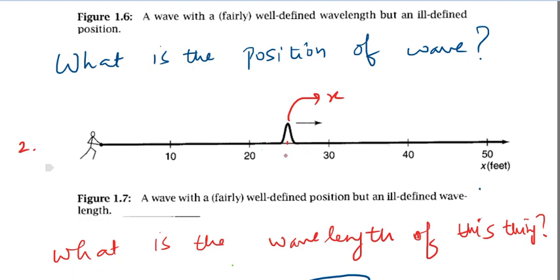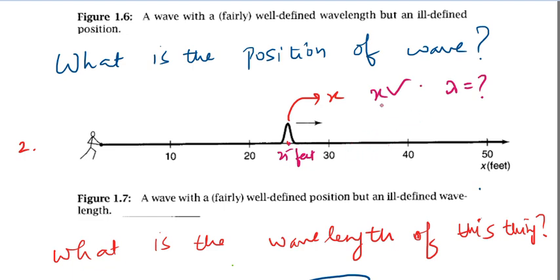If I look on this graph, it is around 25 feet. The position is known. Now again the trick question comes: what is the wavelength? Wavelength is hard to answer. For wavelength you at least need two consecutive bumps, or two consecutive valleys. Only then are you able to calculate the wavelength. Wavelength is unknown.